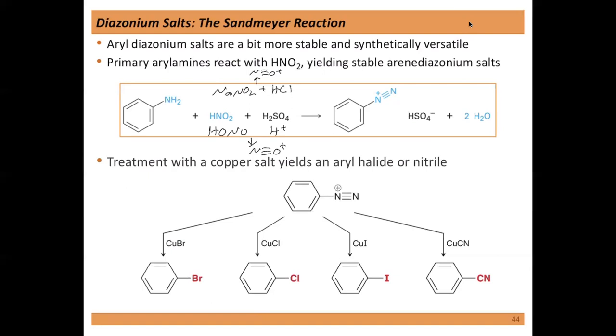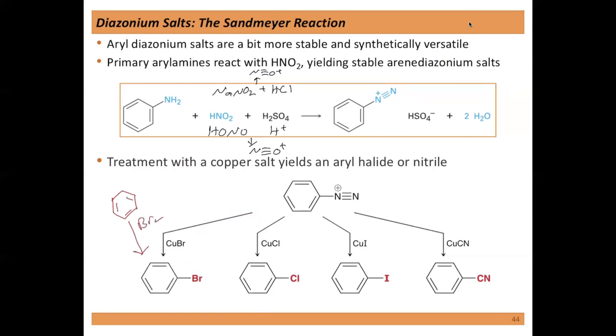So these Sandmeyer reactions are very versatile. Once you make that diazonium, you can undergo a lot of transformations. You can put a bromine on there. And we were able to put a bromine on there previously, as well as chlorides and iodides. This just gives us another tool in our synthetic tool belt.